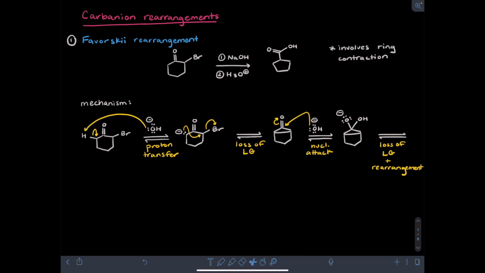This tetrahedral carbon is going to collapse to reform a carbon-oxygen double bond, and a carbon-carbon bond is going to break simultaneously. So I would bring down a lone pair from the anionic oxygen, and break a carbon-carbon bond and use it to form a carbon lone pair at the neighboring position.